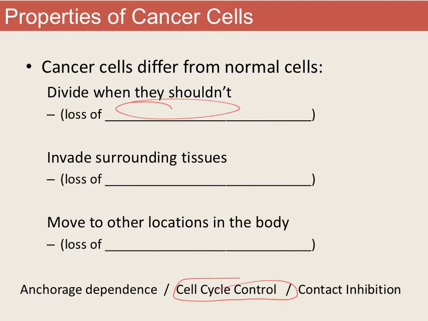Invading surrounding tissues. What is that? Okay. And then finally, anchorage dependence, when it's able to metastasize and move to other parts of the body.